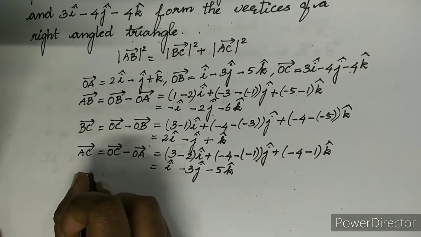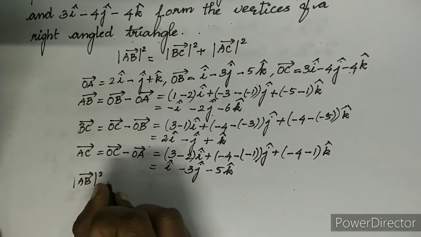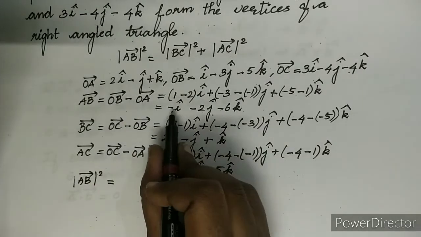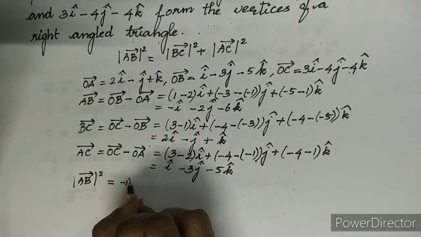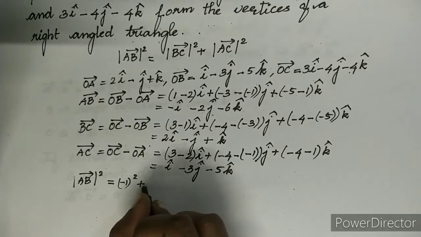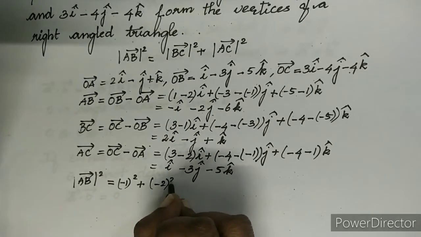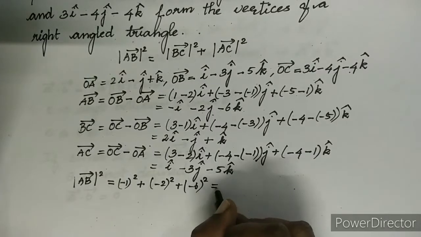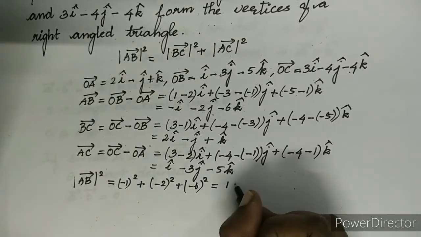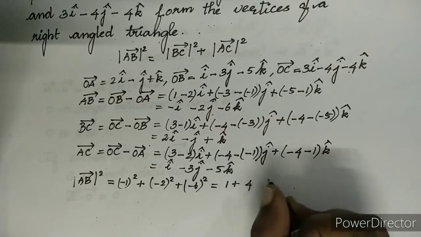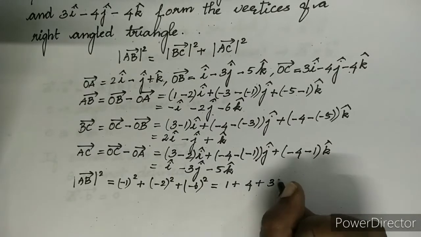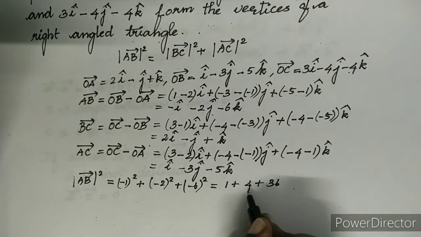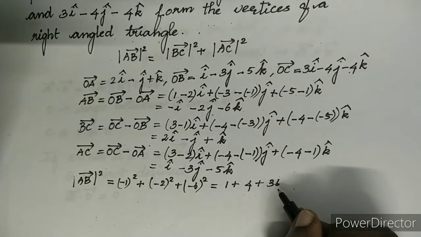AB vector whole square is equal to minus 1 square plus minus 2 square plus minus 6 square, which is 1, 4 and 36. 1 plus 4 is 5, 5 plus 36 is 41.